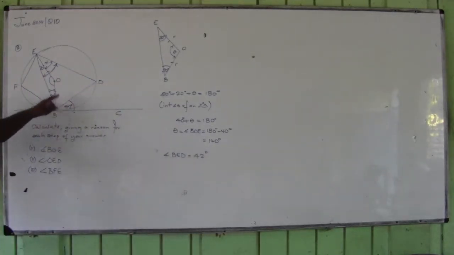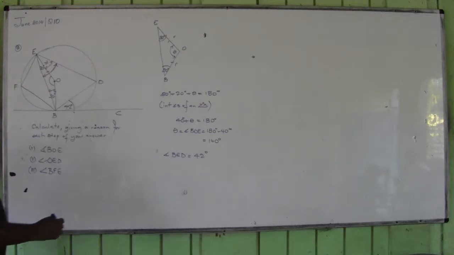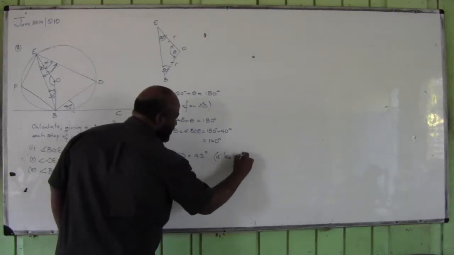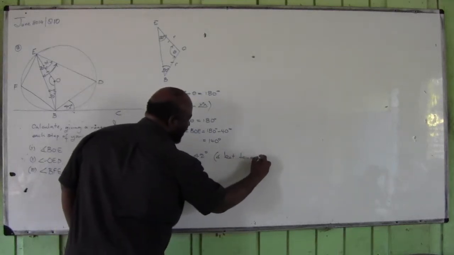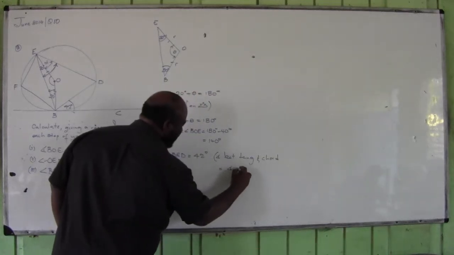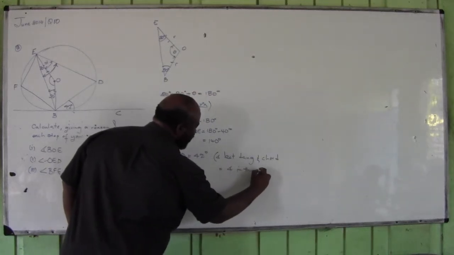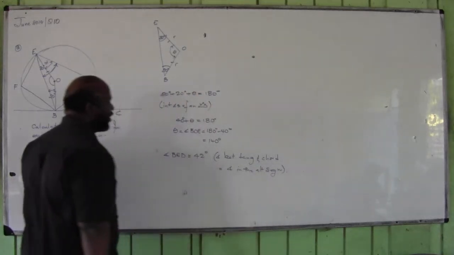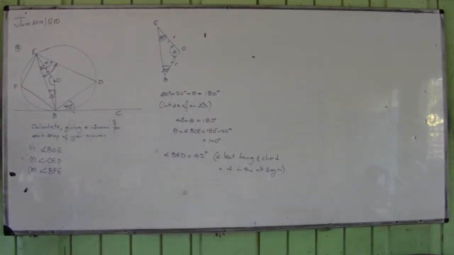If this angle is 42, this angle here is also 42. And this is the reason: the angle between tangent and chord is equal to the angle in the alternate segment.